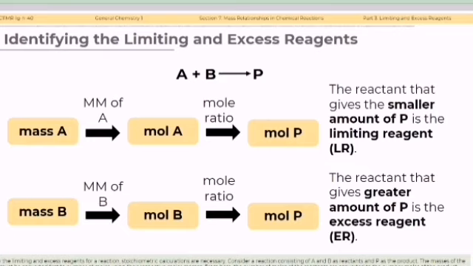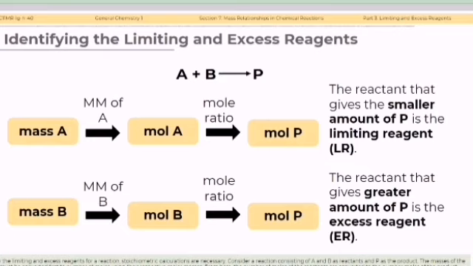From here, the number of moles of the reactants are converted to the number of moles of the product using the mole ratio based on the balanced chemical equation. If the reaction has 2 or more products, consider the product of interest. Usually, it is one of the given emphasis in the problem.